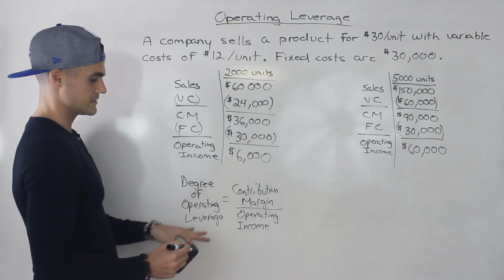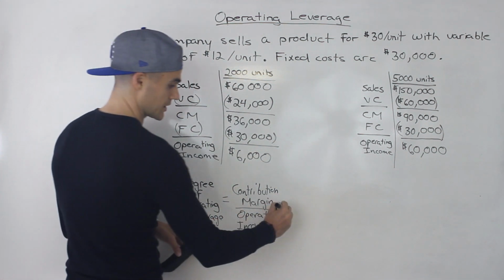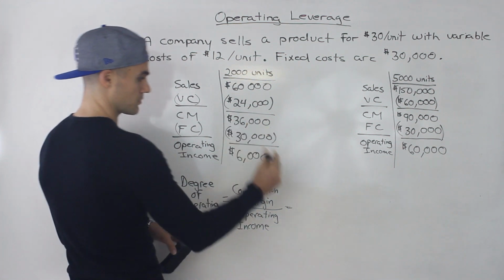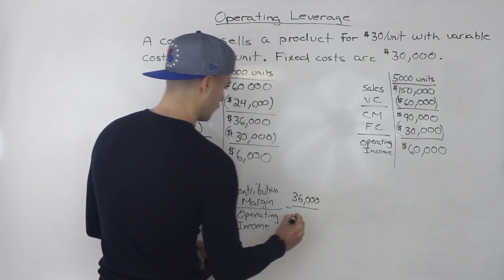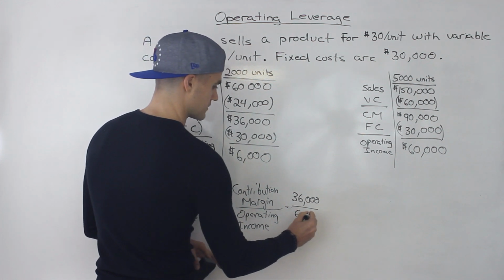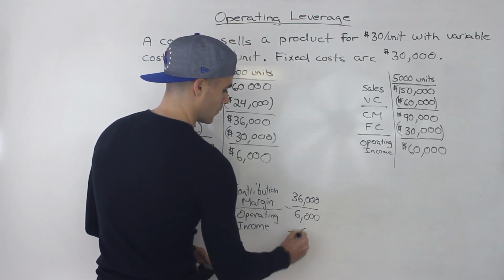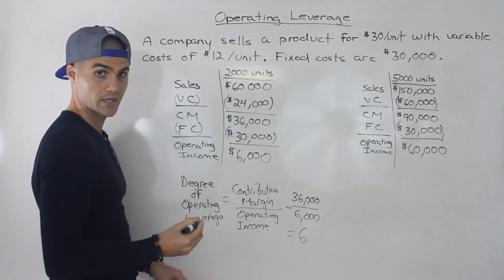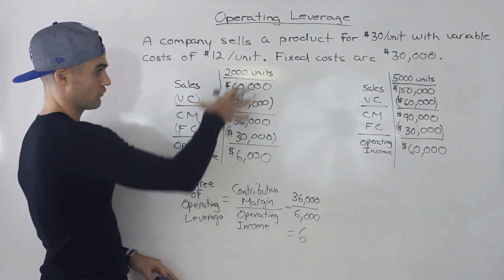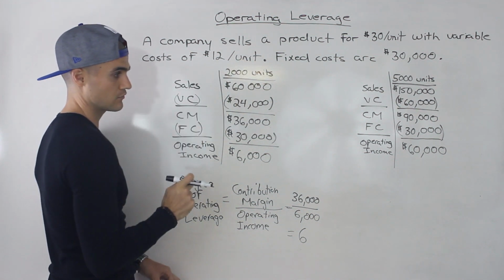So in this case, the degree of operating leverage is going to be the contribution margin of 36,000 over the operating income of 6,000, which gives us 6. So that there is the degree of operating leverage for this production level.